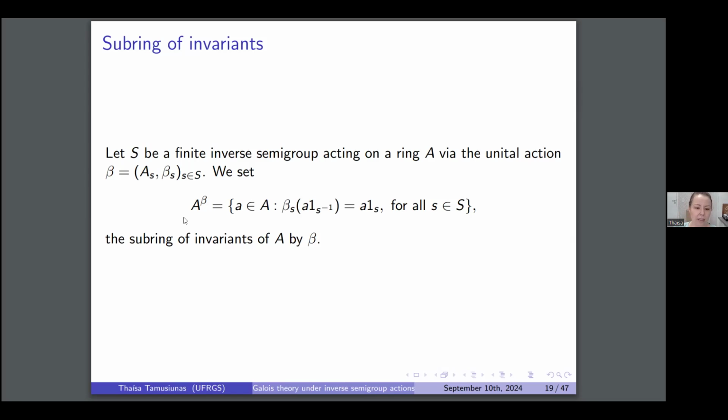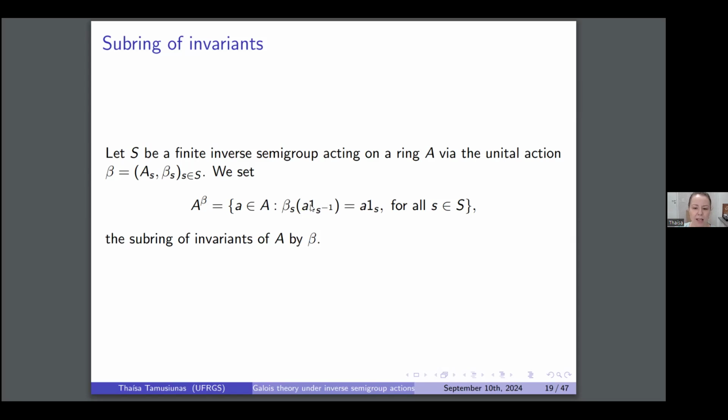Then we set this subring A^beta as the elements of the ring A such that these elements are fixed, in the sense that beta_s applied on a 1_{s^-1} is the idempotent that generates the ideal indexed by s^-1.